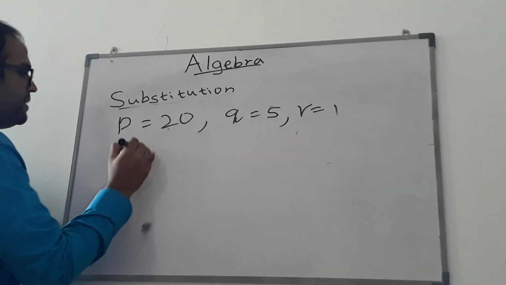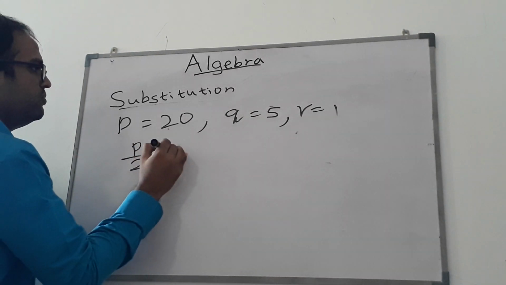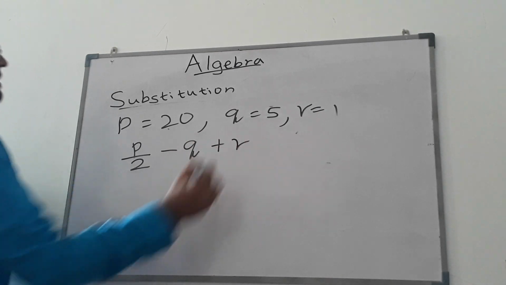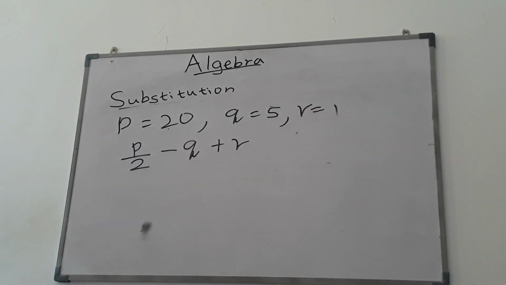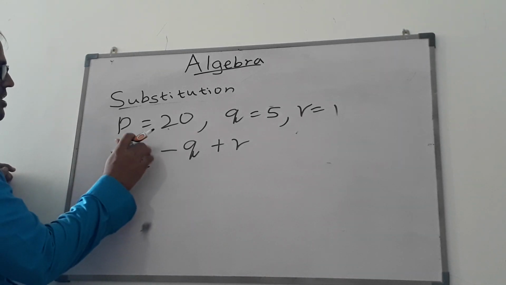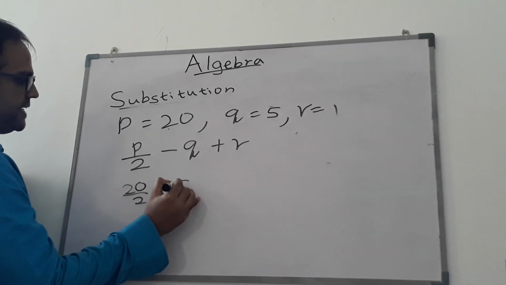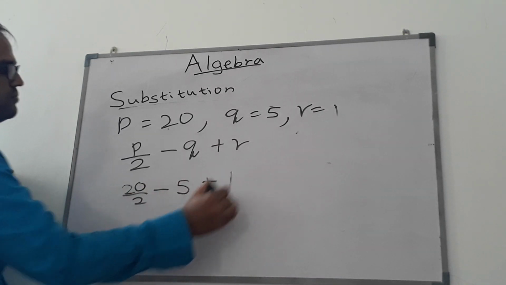We want to find P divided by 2 minus Q plus R. Now I am going to substitute. Instead of P I write 20. 20 divided by 2 minus 5 plus 1.